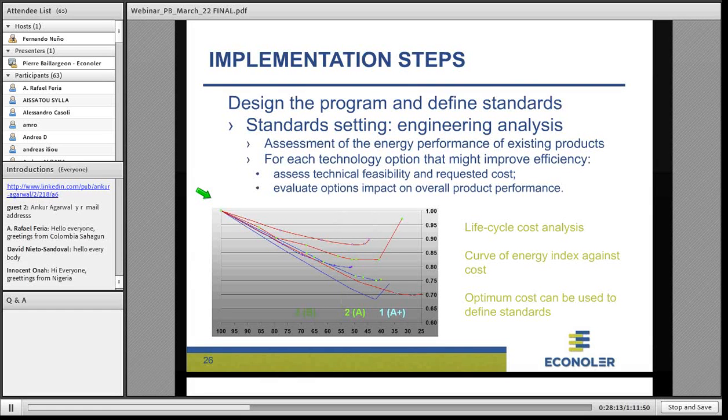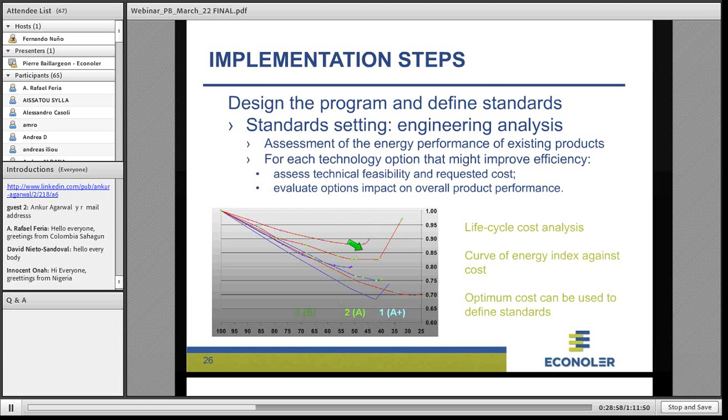Here you see an example of research that has been done in Tunisia, where you see at the left the baseline product. That's the product that is inefficient initially, before the introduction of the standard and labeling, and that costs a certain level. Here we just normalize the cost, so it's unity, the initial cost. Then each point on the curve represents a technological advance. We test different improvements to the product, look at the resulting efficiency on the x-axis, and plot that against relative cost over the life of the product.